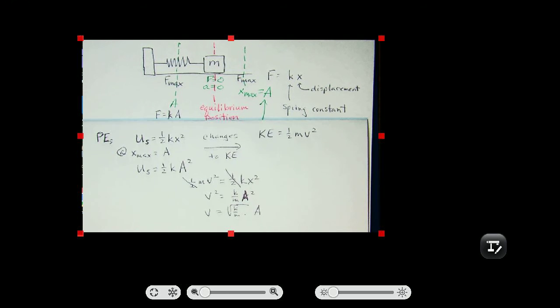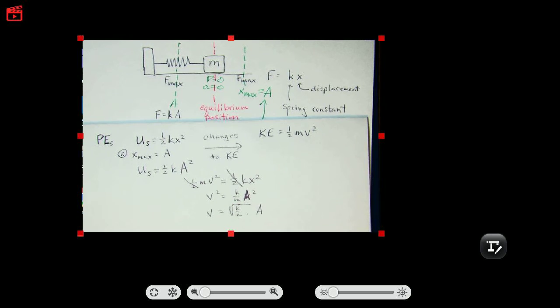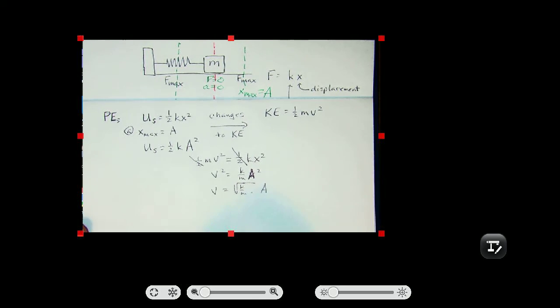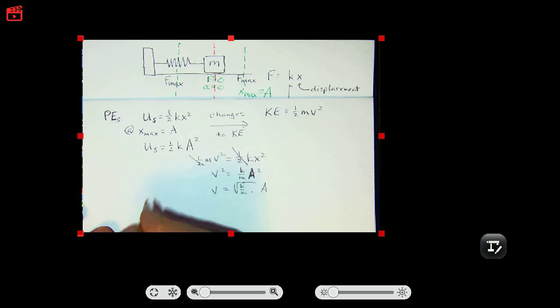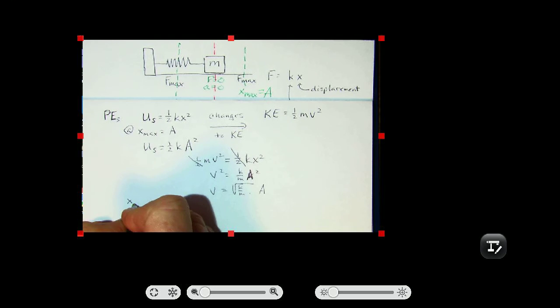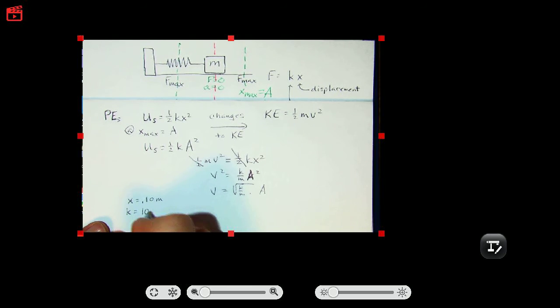Let's see how this looks in a quick example. Let me just put some numbers into this. Let's say that I pull this back 10 centimeters. 10 centimeters is 0.10 meters. Let's say that our spring constant was 10 newtons per meter.